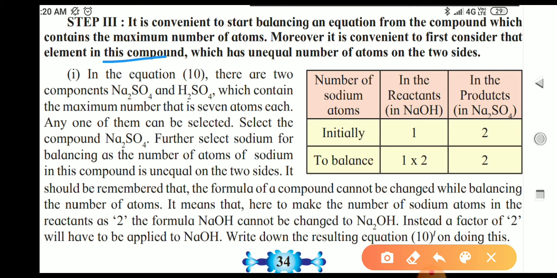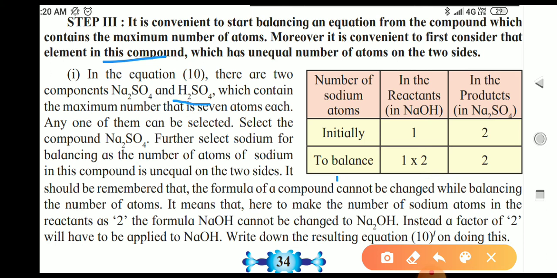In the equation there are sodium hydroxide and sulfuric acid on the reactant side, and sodium sulfate and water on the product side. If we see the reactant side, sulfuric acid has formula H2SO4 and has the maximum number of atoms. In H2SO4 the total number of atoms are oxygen 4 plus 1 sulfur and 2 hydrogen.